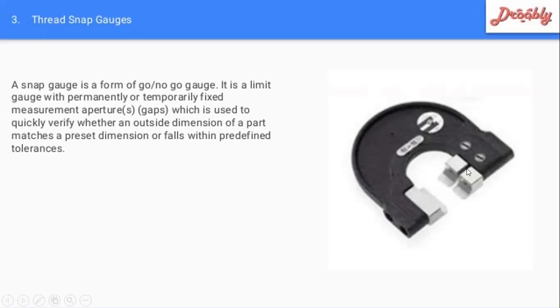These are two gauges for the same type of elements, and it is a limit gauge with permanently or temporarily fixed measurement aperture. So this is the permanently fixed one, and one gauge is used to change, that is moderate that one.